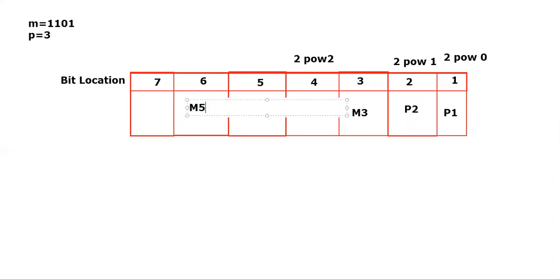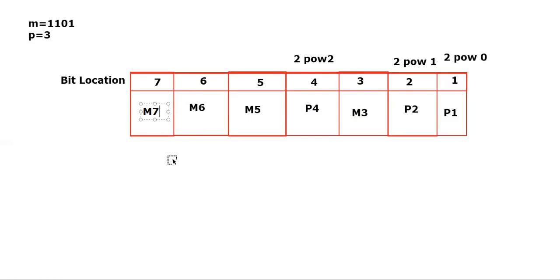So these are the message bits M3, M5, M6 and M7. P1, P2, P4 represent the positions of your parity bits in the code, and M3, M5, M6, M7 represent the message bits in the code.